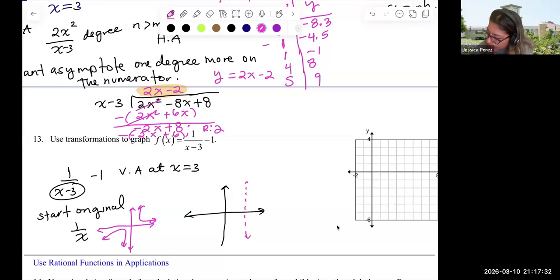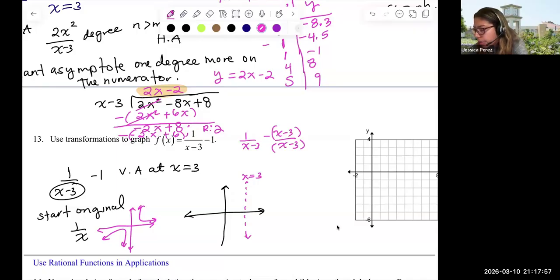And so at x equal 3, and a horizontal asymptote. What happens if I rewrite this as 1 over x minus 3 minus x minus 3 over x minus 3, because this is technically 1.